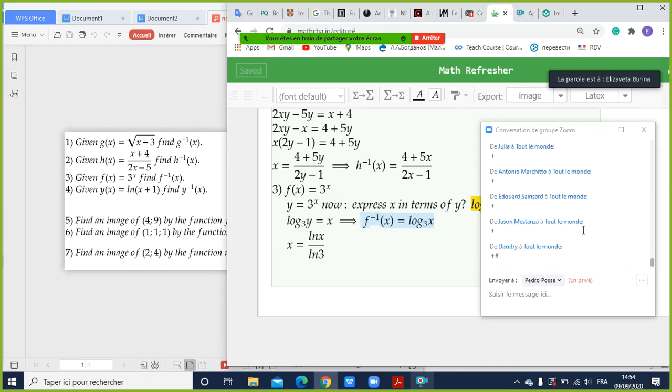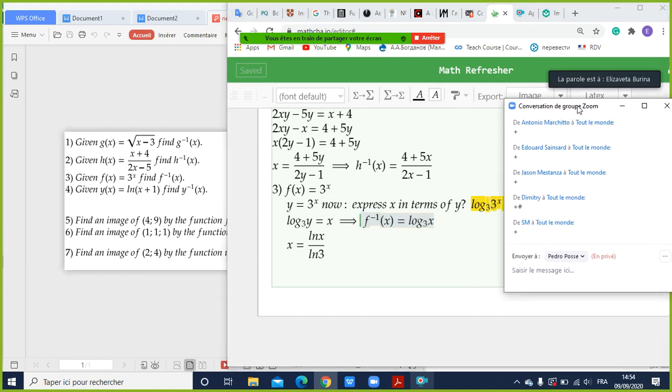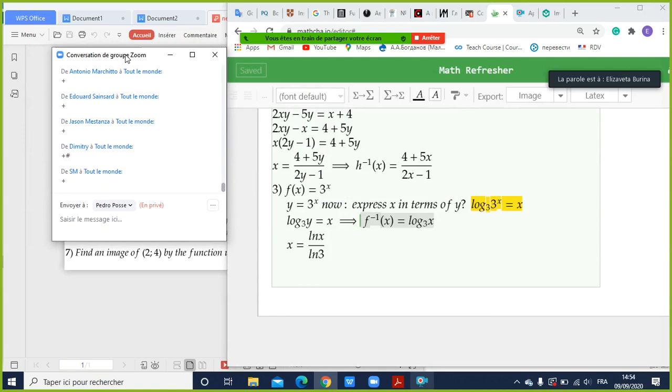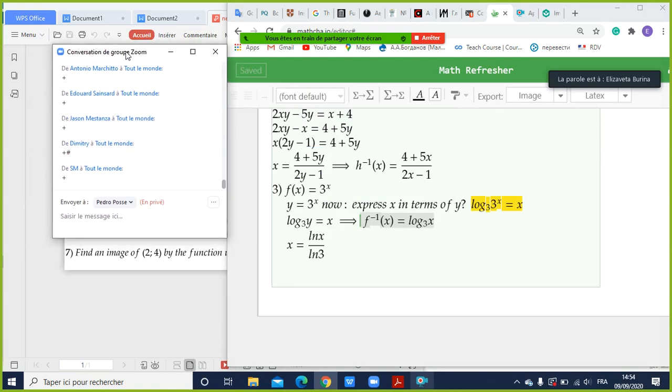I understand that this format of using Zoom conversation can also be not very great for learning, because when I ask you to formulate a question, it takes time, and maybe I don't wait enough for you to type your questions. But I'm trying to see where you are.